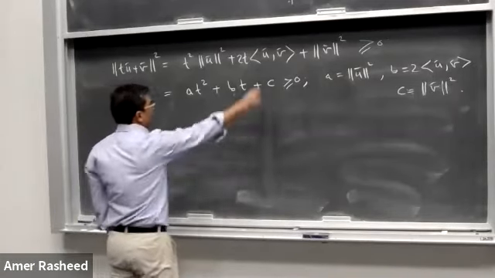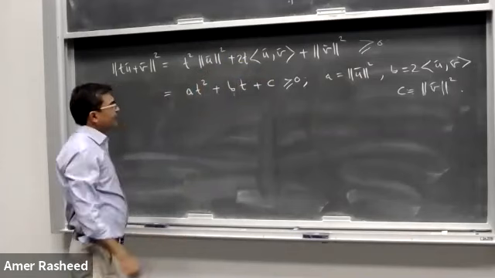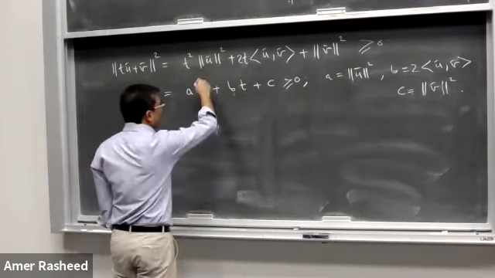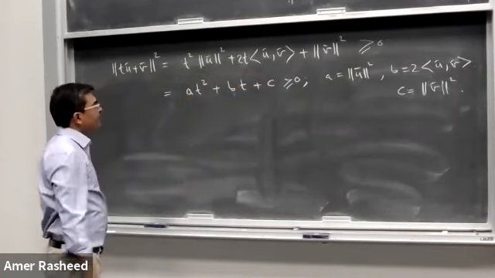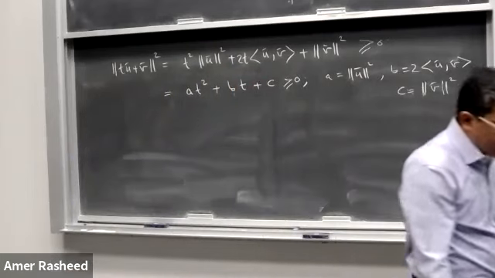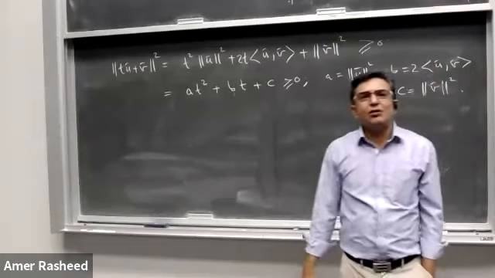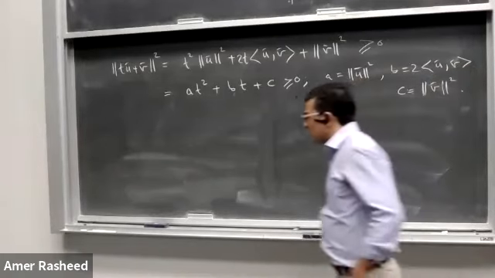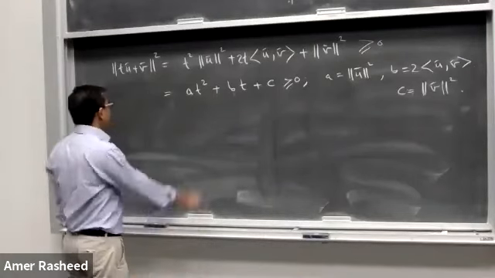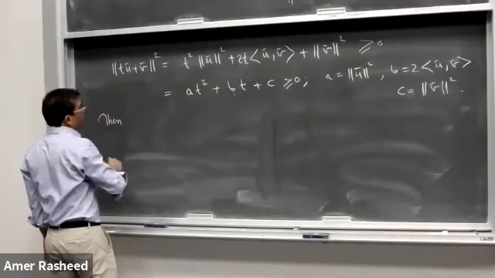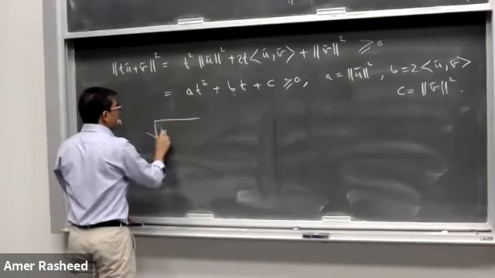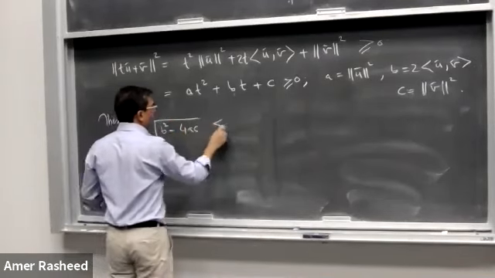If a quadratic polynomial is always positive, then it cannot have real roots. So the roots of this polynomial must be either 0 or complex numbers. If a quadratic polynomial has complex roots, then its discriminant, b square minus 4ac, is always less than or equal to 0.